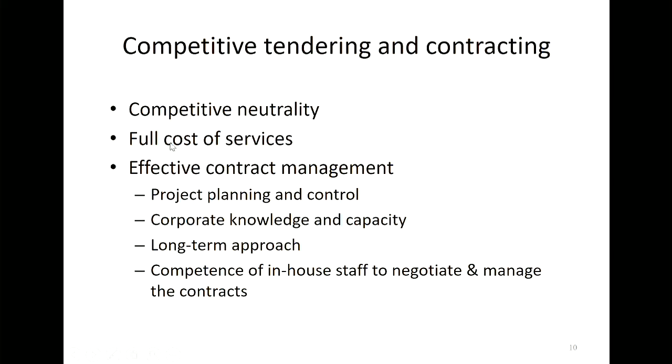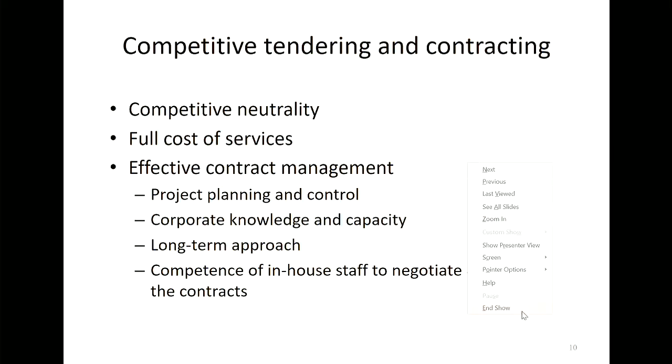In order to be competitive with the market, it needs to account for the full cost of services. So costings can be an issue, particularly when we use commercial accrual accounting and we're looking at depreciation. It can be an issue when we calculate the full cost of the services.